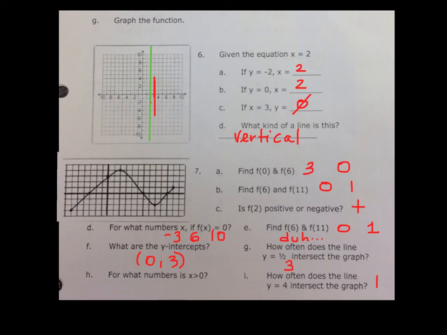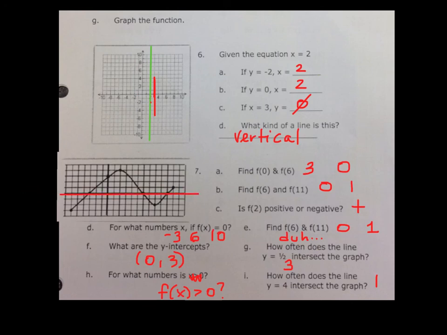So I'm going to change this last problem, and I'm going to make it for what numbers is f of x greater than 0. So I know if my output is greater than 0, that would give me the line y equals 0, which would be that line right there.